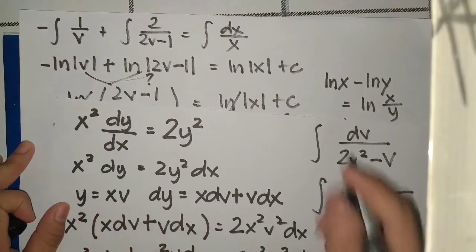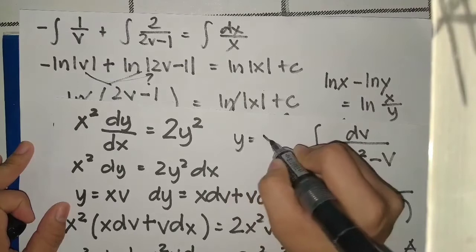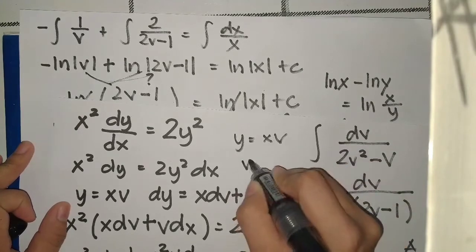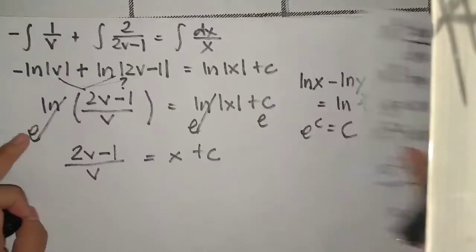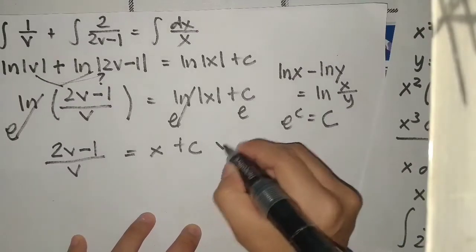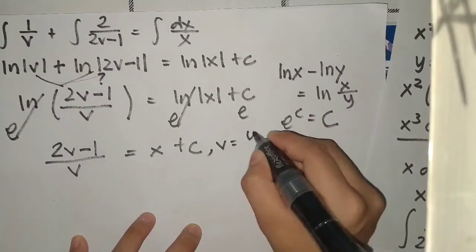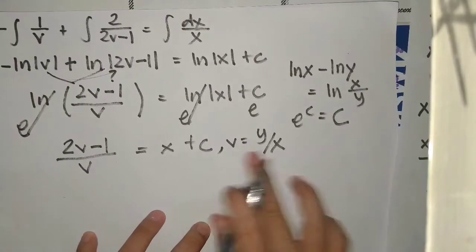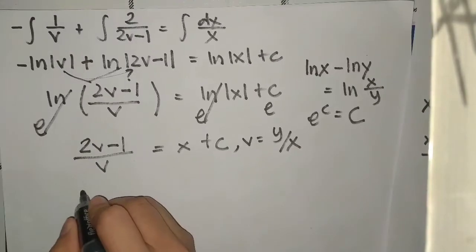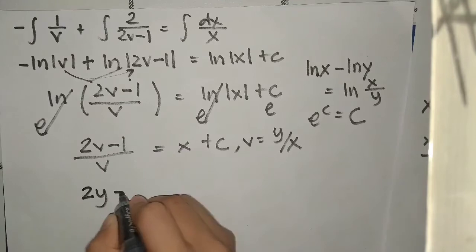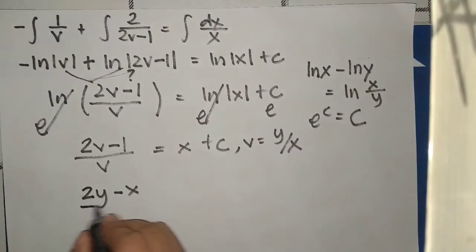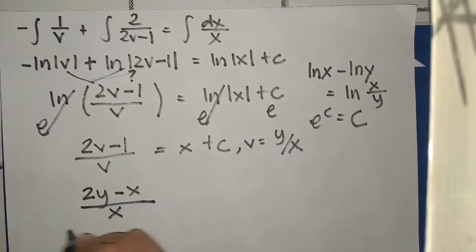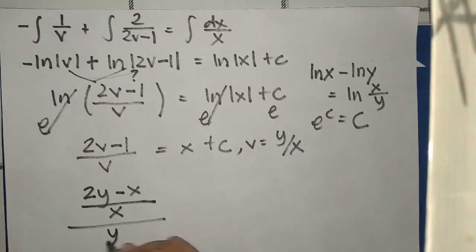So we know that the value of y is equal to xv, and then there's a v, so we have to change it into x and y terms. So we arrive at v is equal to y over x. So we have to substitute it in our v value. So with it, I plug it in, and then I simplify it.